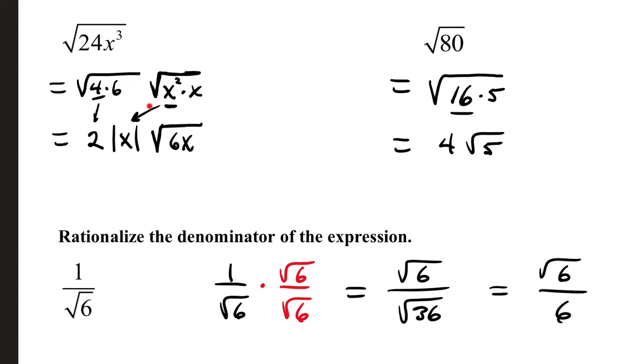This 6 we can't do anything with, so it's going to stay underneath a radical. X cubed, 3 is not evenly divisible by 2, but we can break this up into x squared times x to the first. That way we maintain all 3 x's, but we write them such that we can divide some of it by 2, even though we can't divide all of it by 2.